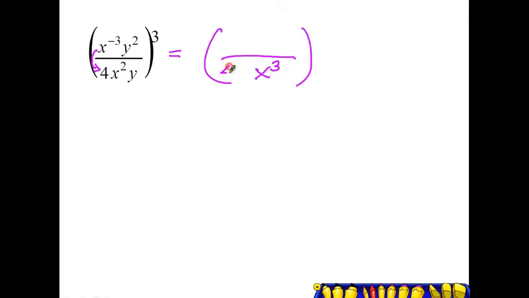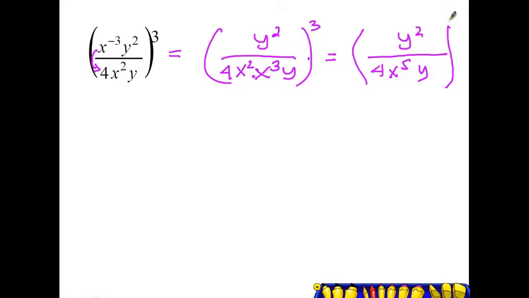I'll just copy the 4 and the x squared here. I have y here, I have y squared in the numerator, and I have the exponent outside the parentheses. Next, we can simplify our x squared times x cubed. So this will give us x raised to 5. You add the exponents.